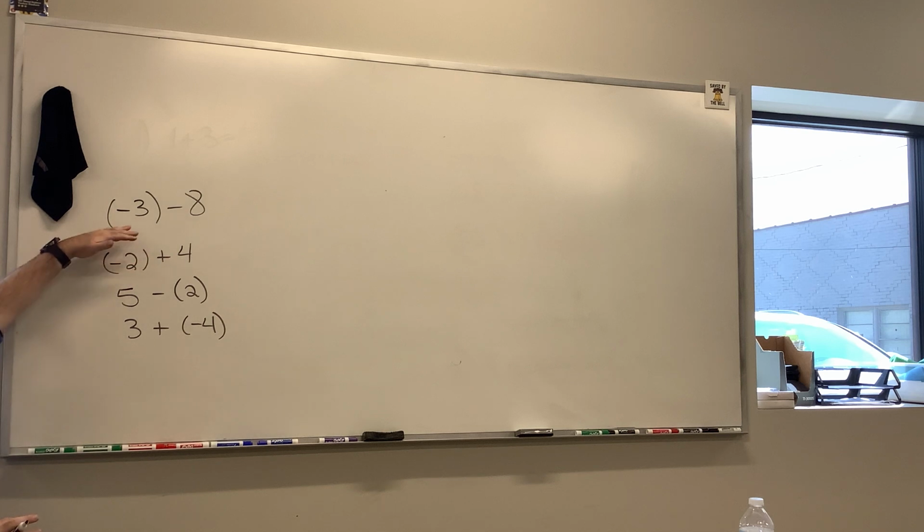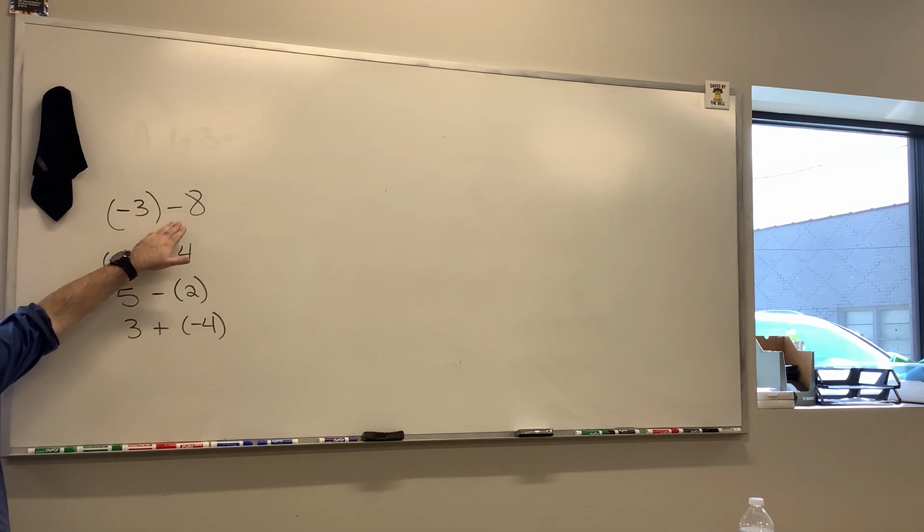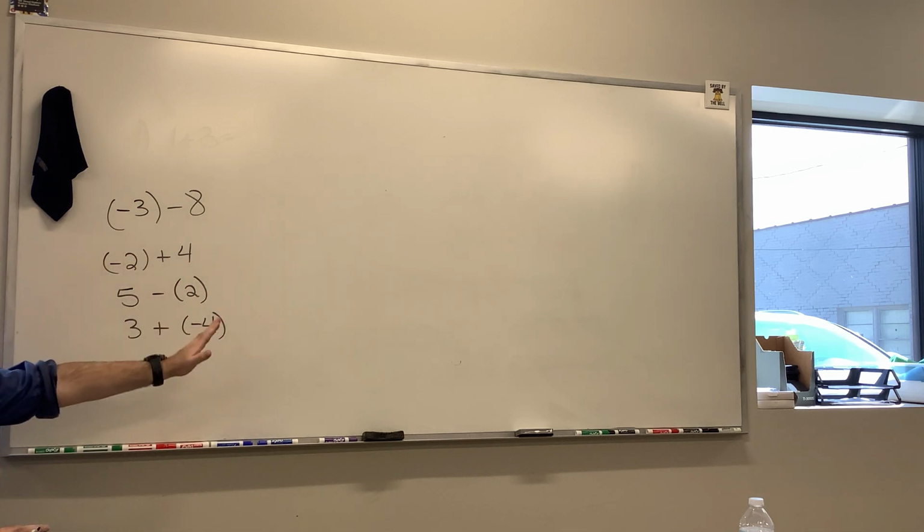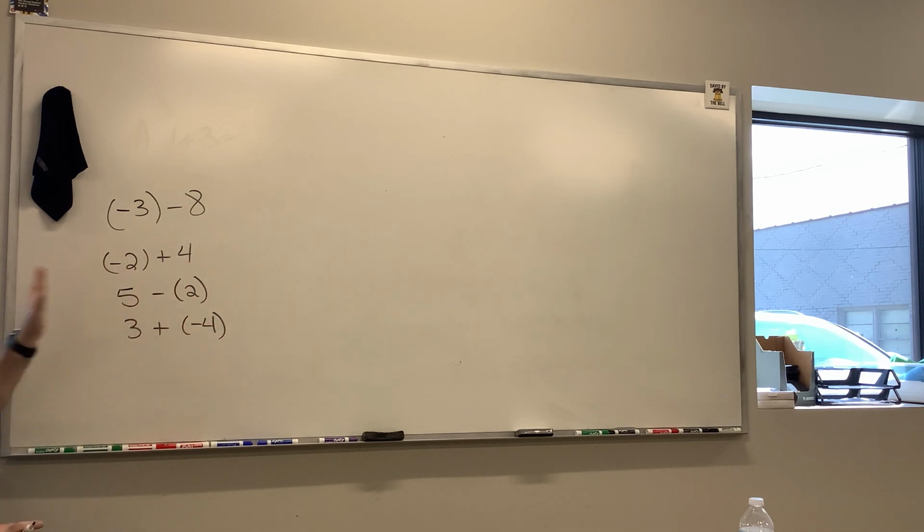So I'm looking through here and I'm like, okay, this one, I don't even need the parentheses because it's -3 minus 8. So if I'm doing my number line, I could start down at -3 and count down 8 from there. Same thing with this, I could start at -2 and go positive. And same thing here, 5, I could go negative. This one is the strange one, right?